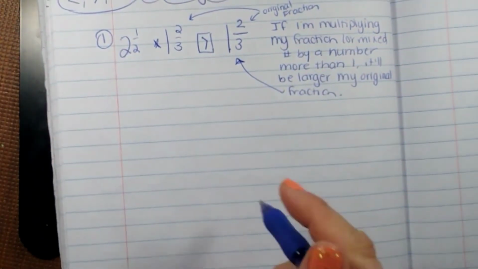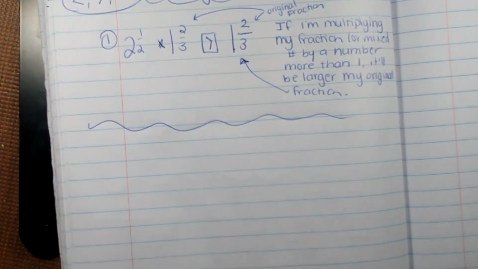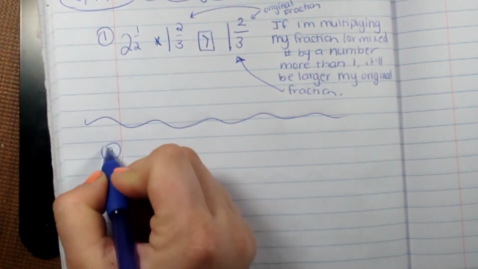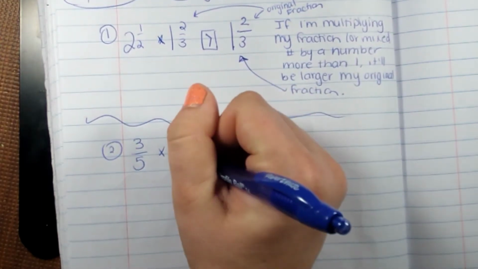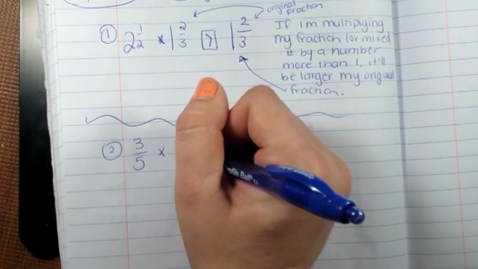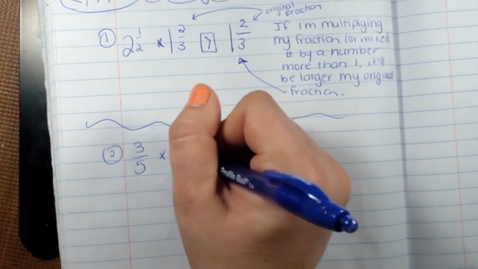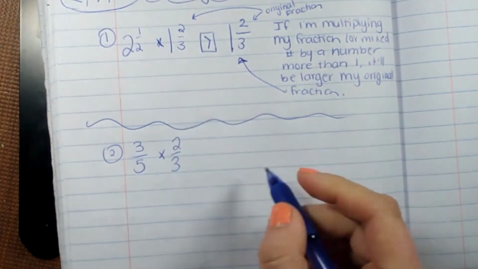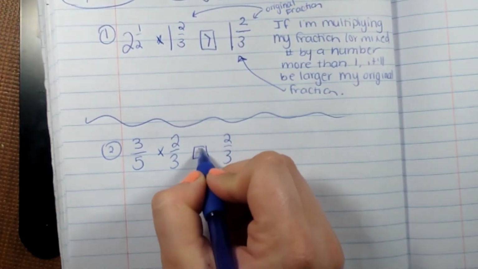Okay. All right, my next one I'm going to do, if I'm multiplying a fraction times a fraction, then it's going to be smaller than the original fraction.